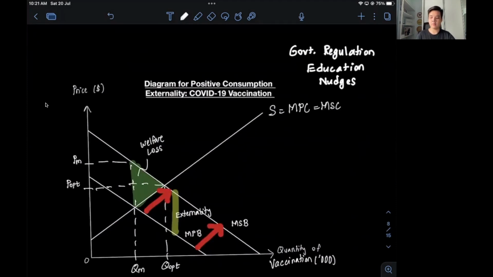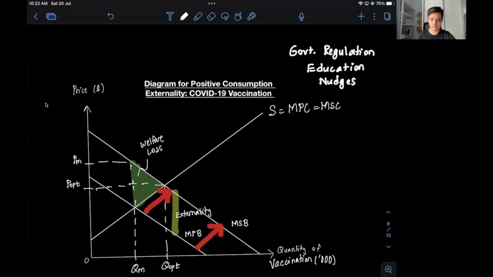In terms of the other policies that we learn, such as government regulation, education, and nudges, if you think about them, these policies incentivize the consumer to consume more of it. So for example, if we are mandated to take vaccinations, or if we are mandated to access some courses that are required for upskilling, this can actually increase our overall demand for that particular item, be it vaccines or courses.